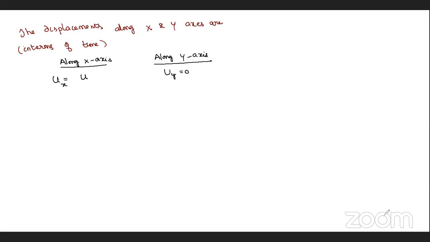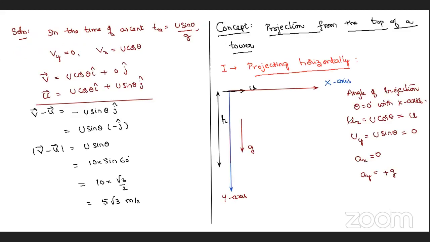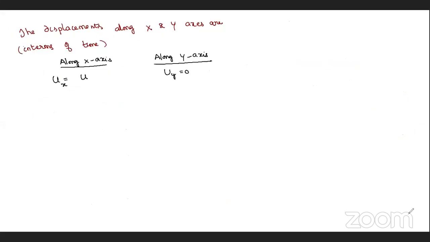You can check it there. ux is equal to u, uy is equal to 0, and accelerations you wrote 0 and g. So here I am writing ax equals 0, ay equals g.